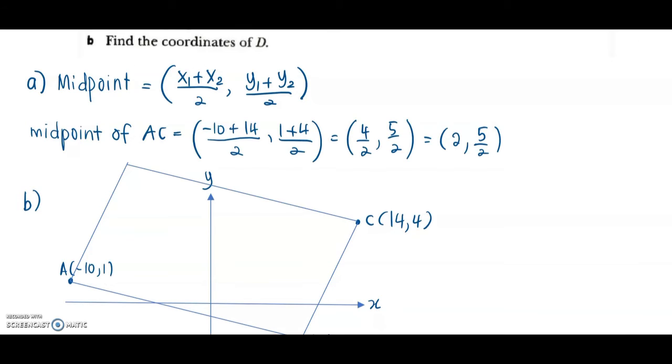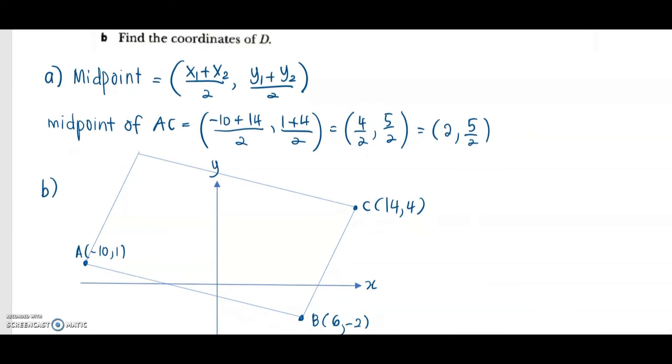So D would be here. Let me make it smaller a little bit. So A, B, C, D would be here.